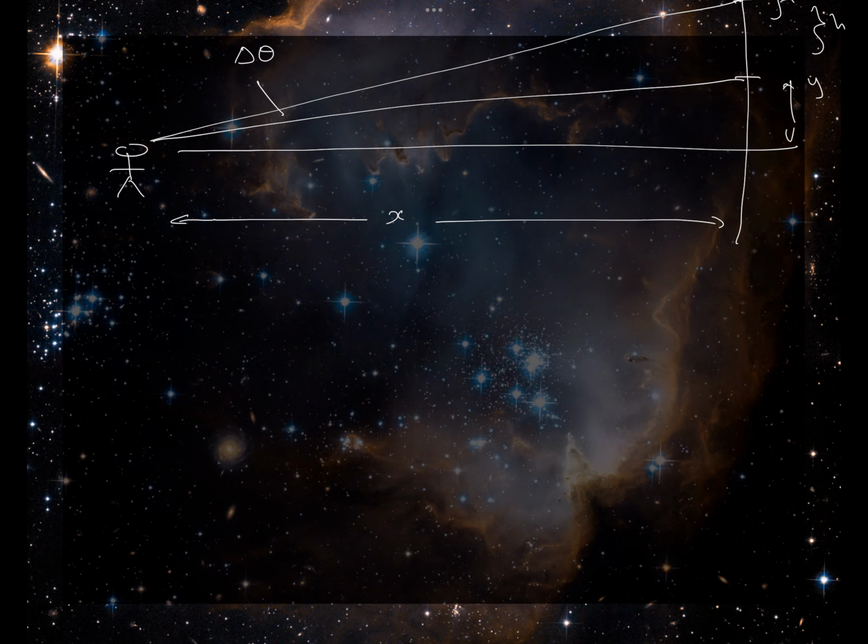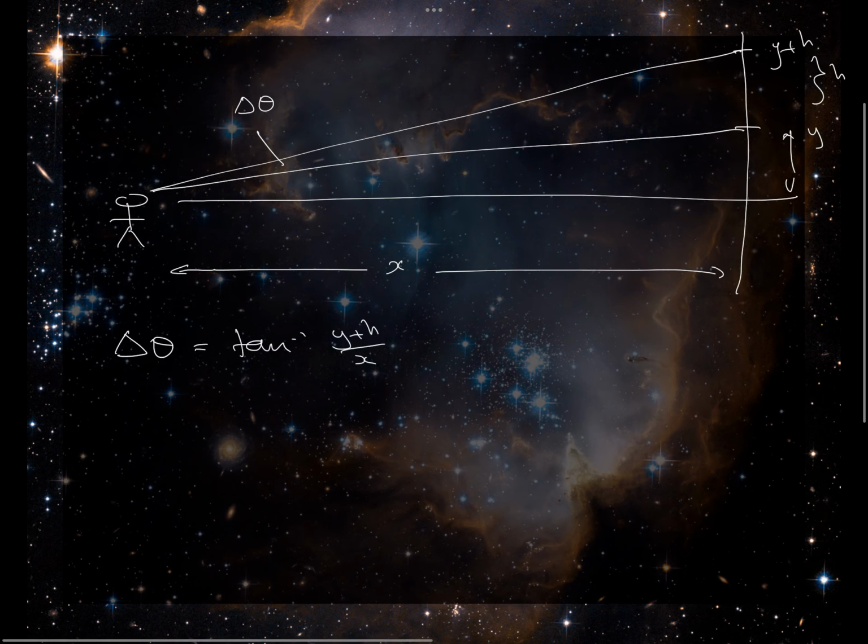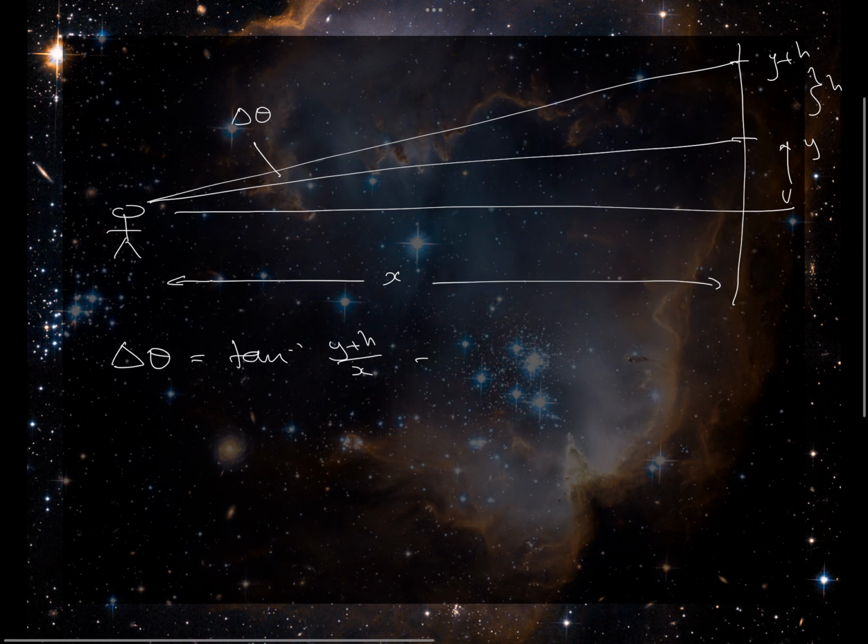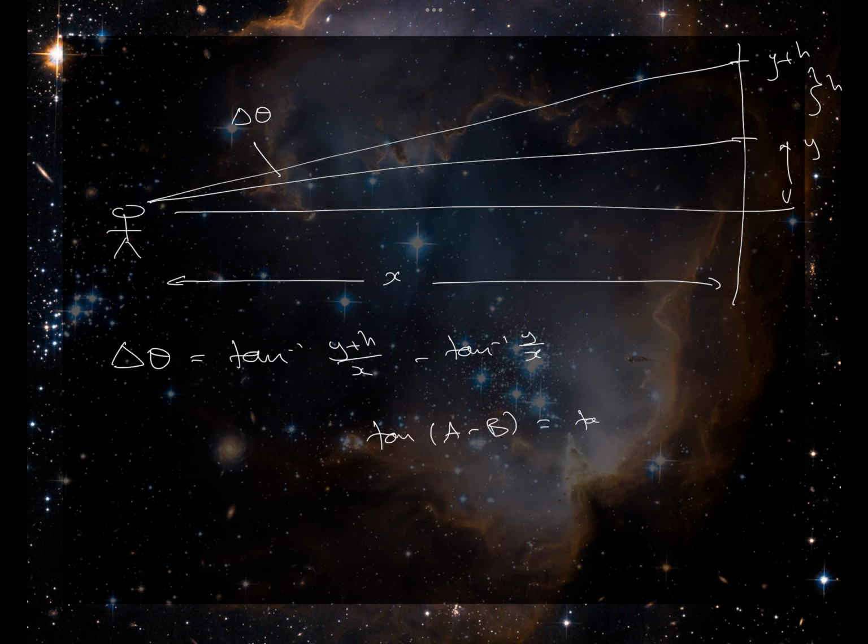Elementary trigonometry tells us that delta theta is the inverse tan of y plus h over x minus the inverse tan of y over x. Now we know that tan of a minus b is tan a minus tan b over 1 plus tan a tan b.